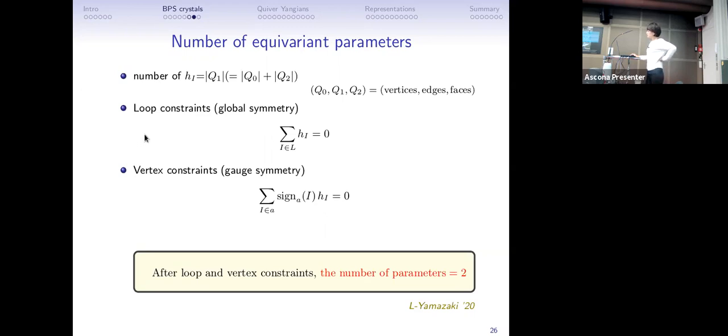The number of loop constraints is the number of faces minus 1, and then we're also free to impose the vertex constraint, which says the sum of the weights of the incoming arrows is the same as the sum of the outgoing arrows. Once you impose both constraints, you see that the number of equivariant parameters is 2, which is precisely the 2 equivariant parameters for the Calabi-Yau.